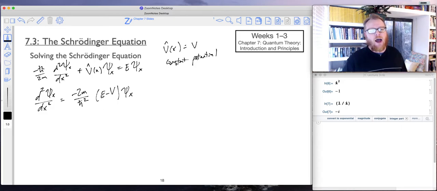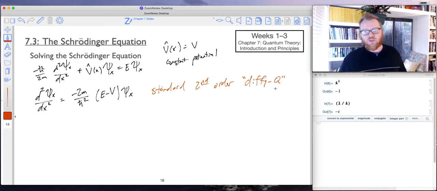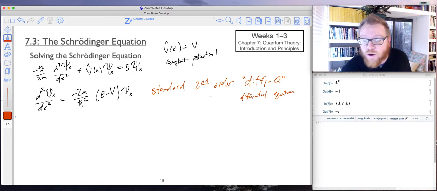And so as it turns out, this is what I'm going to call, I'm going to change color here to make it stand out, a standard second order Diffie Q. Where Diffie Q is my little abbreviation for a differential equation, okay? Differential equation. And second order meaning the second derivative.